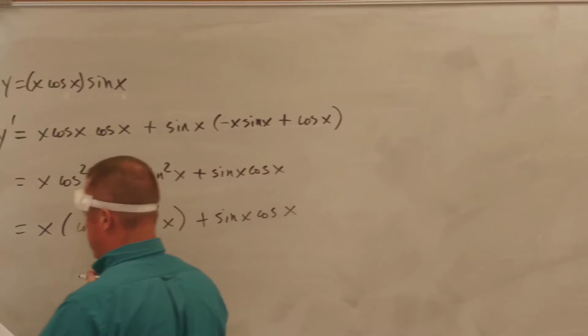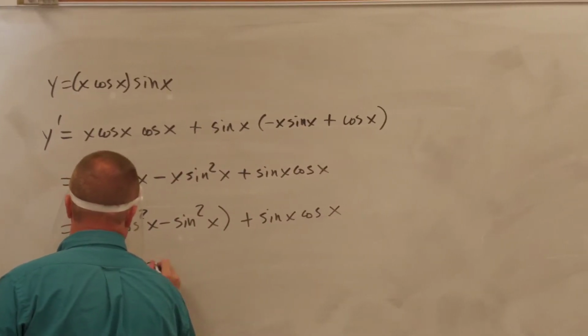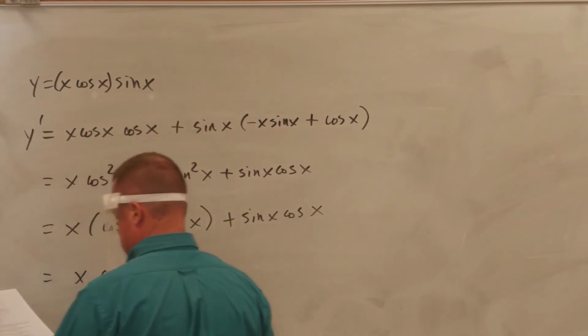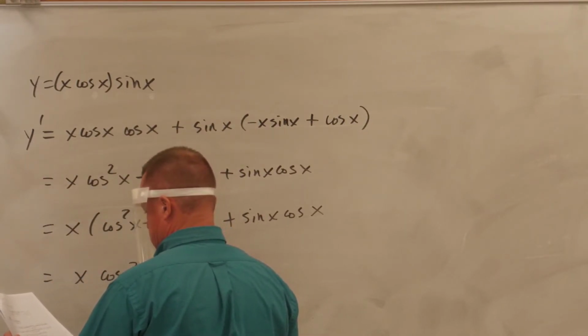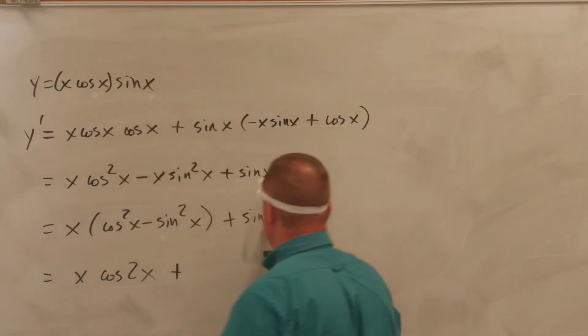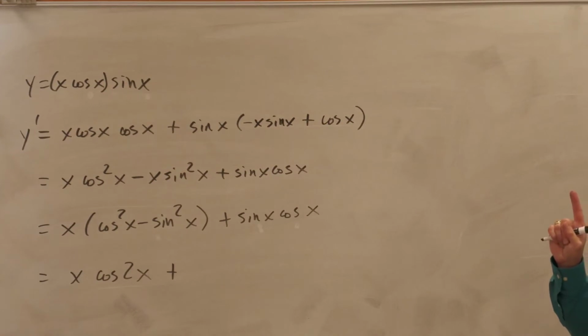There's actually 3 formulas for cosine 2x, and that's one of them. So I can make that simpler by making that x cosine 2x, and let's see, plus, and then sine x cosine x is also, there's a double angle formula for that, which is sine 2x. There's just one double angle formula for that one.